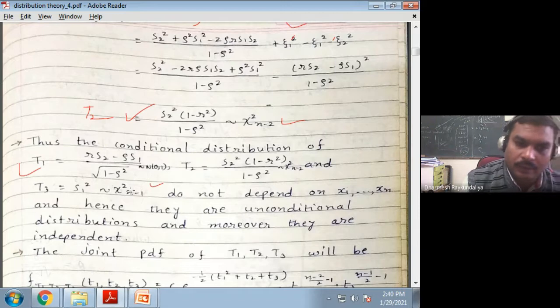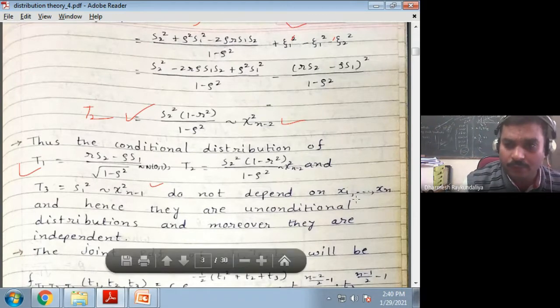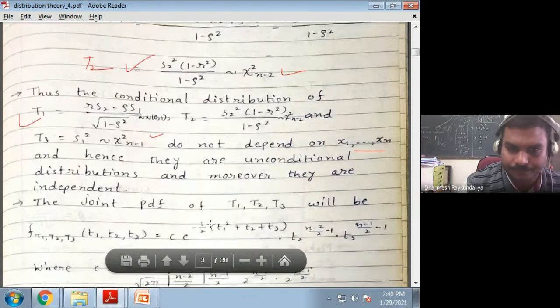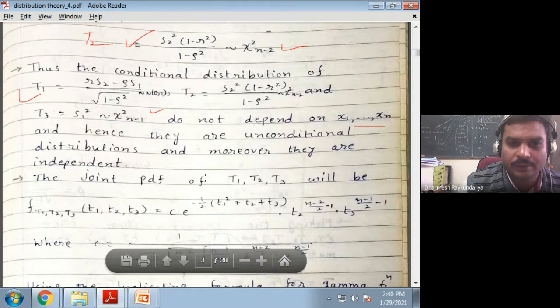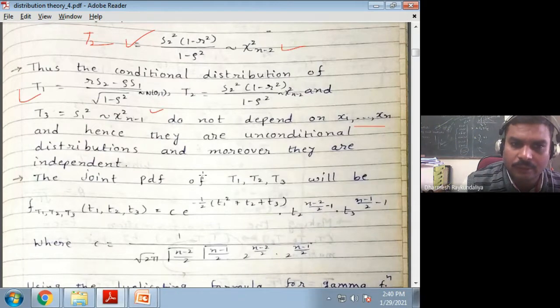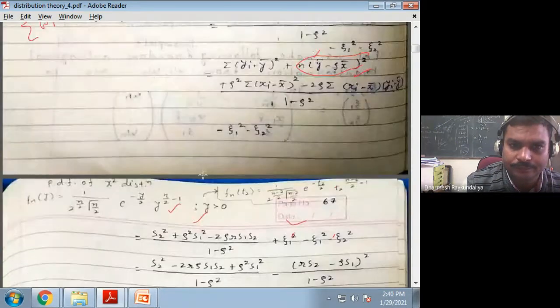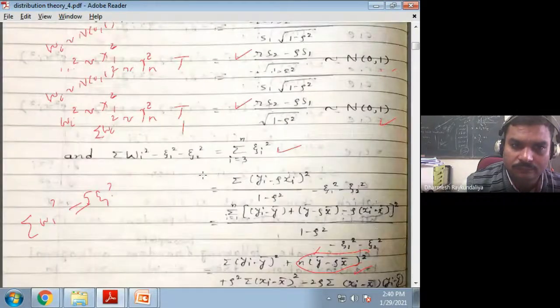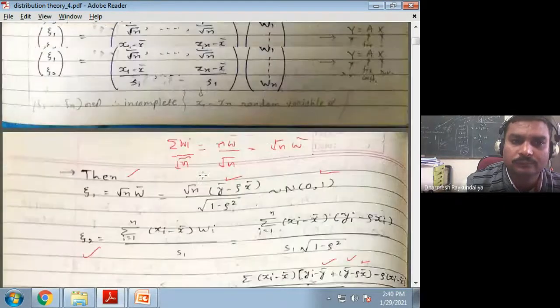So t1, t2, t3 do not depend on x1, x2, xn, and hence they are unconditional distributions and they are independent. So there is no connection between t1, t2, t3. They are independent. Why are they independent? Anybody?